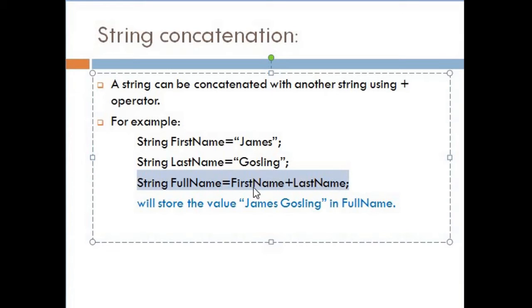Here since firstName is James and lastName is Gosling, firstName plus lastName gives James plus Gosling, and we write James plus Gosling as James Gosling like this. So James Gosling is the value which shall get stored in the variable called fullName.